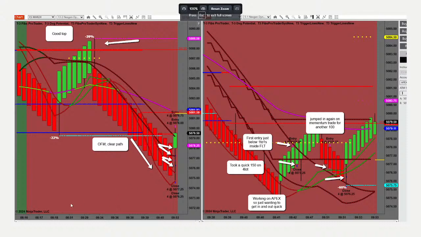JW says, I've got a good top, which means that a termination condition created a full reversal. He also said that he had odds favorable momentum and the triggers were below, therefore the path was clear. He takes his first entry, closed out really quick, made a couple hundred, right? Just wants to get in and out for quick profit. And then you took the second entry awful low, JW.